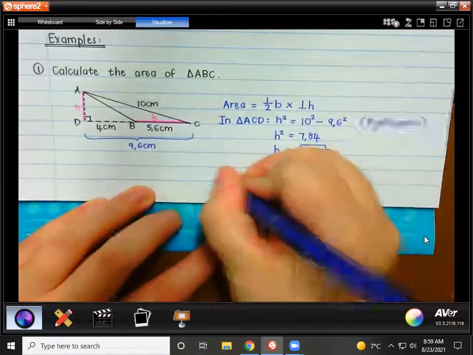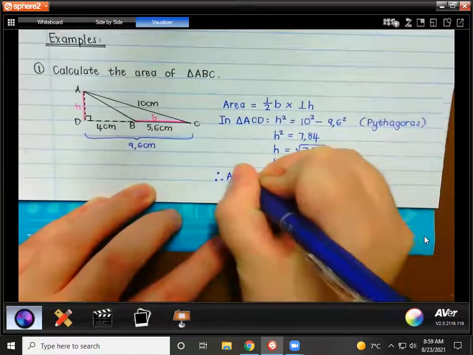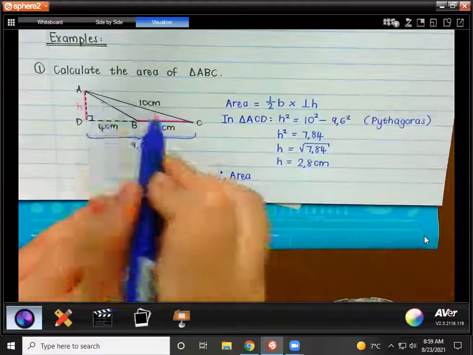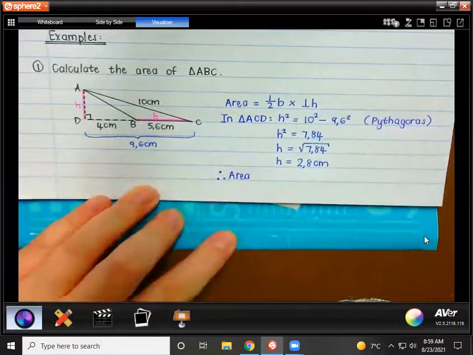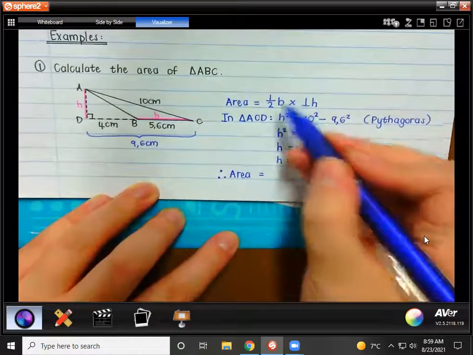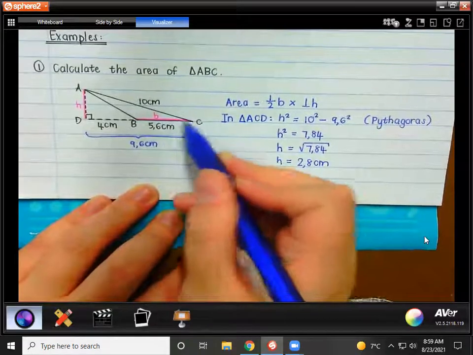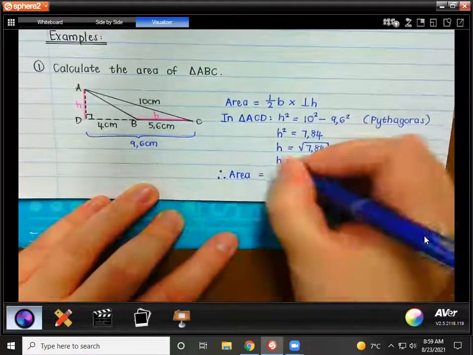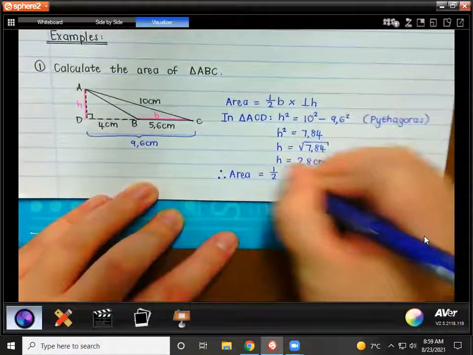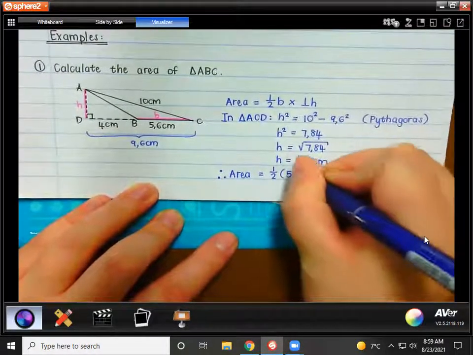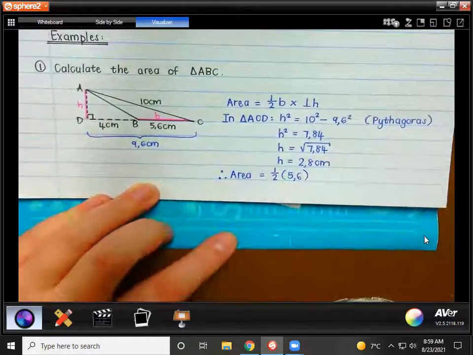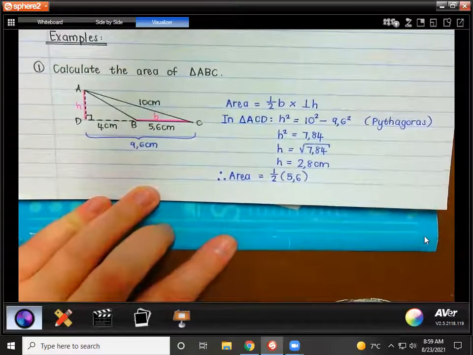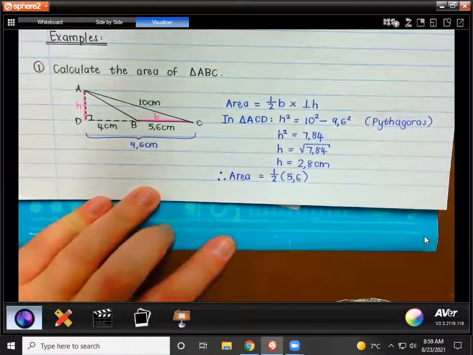Right, therefore, the area, remember, of this slanted triangle is, we said, half base, and the base of the small triangle is 5.6. So we're going to say half. Now, guys, you can write it like this. That's usually how I write it. I put half base next to it, because if you put a number in brackets, it just means that you're multiplying it, right?